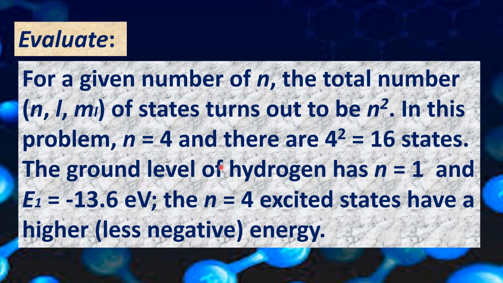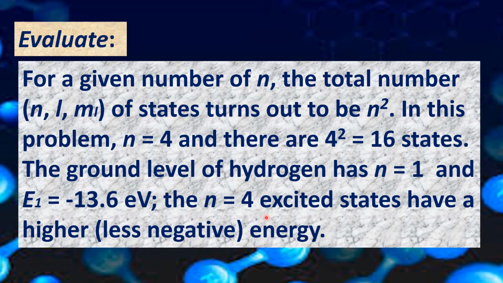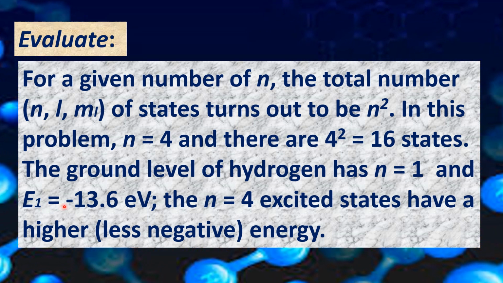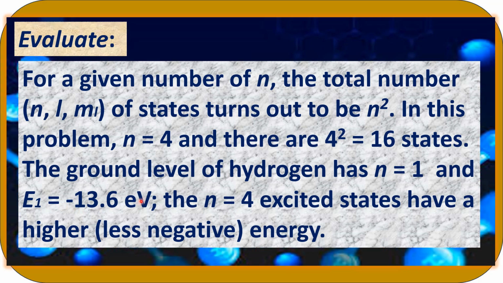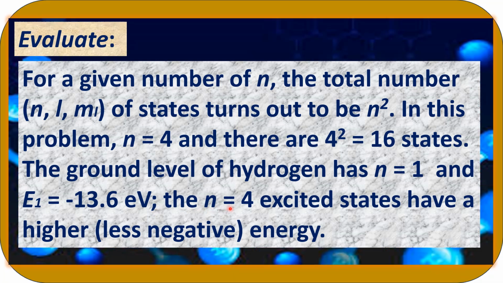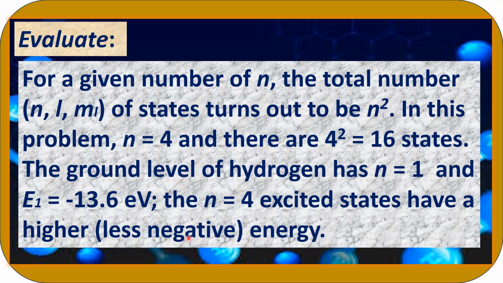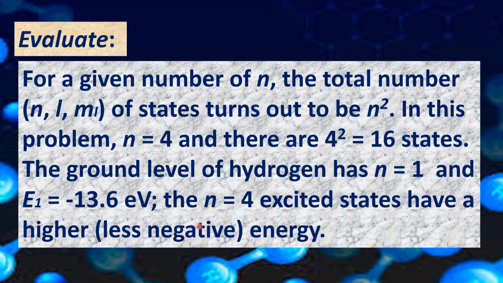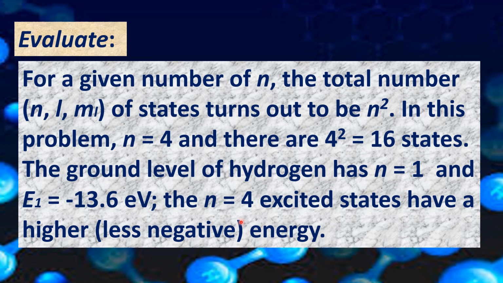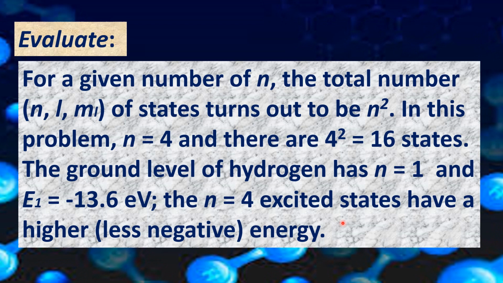The ground level of hydrogen atom has n equals 1, and the energy at the ground level is equal to negative 13.6 electron volts. The n equals 4 excited states have a higher energy, less negative, in fact, but a higher amount of energy.